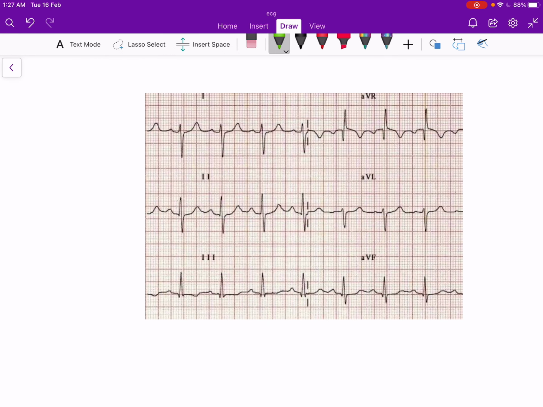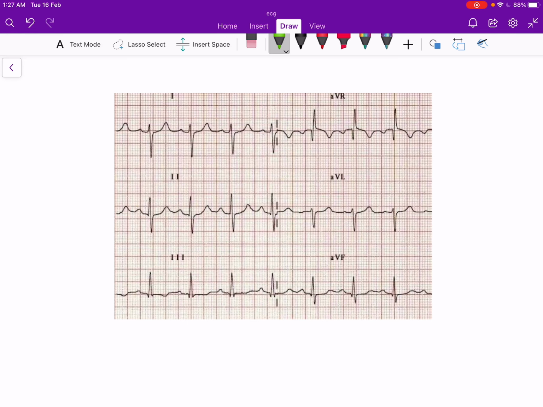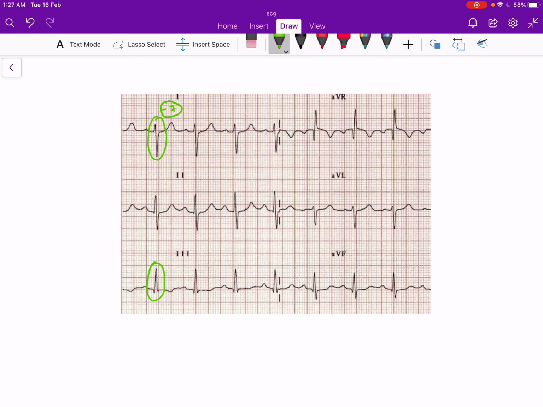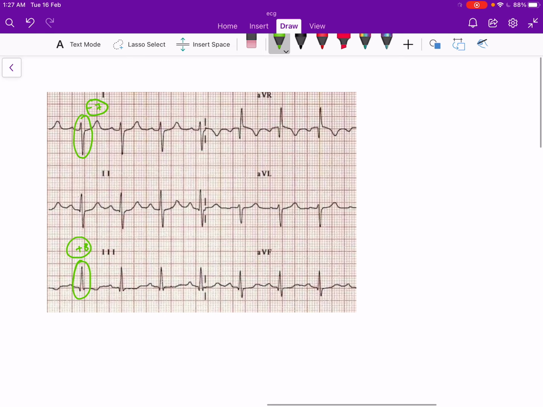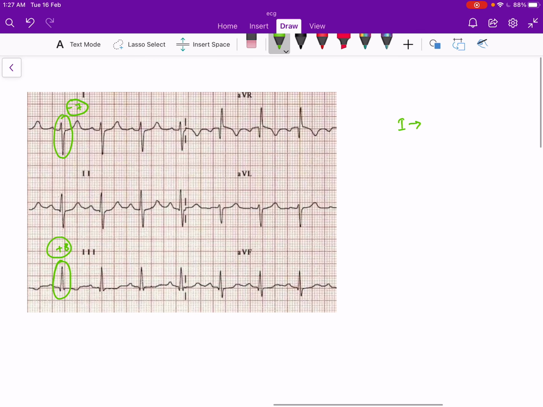If you see this ECG, in lead 1 and lead 3, in lead 1 the QRS is negative and it has a magnitude of minus 7, and lead 3 has a magnitude of plus 8.